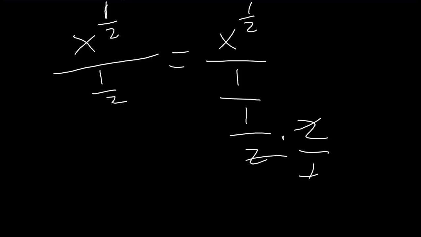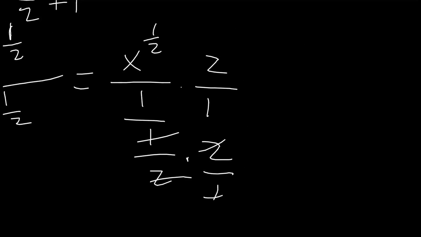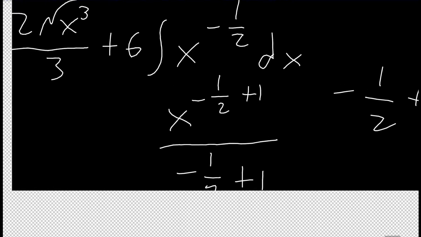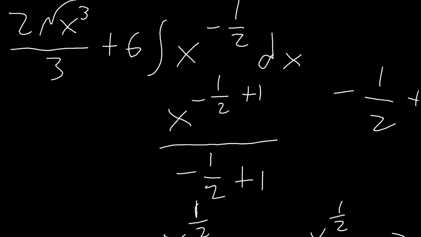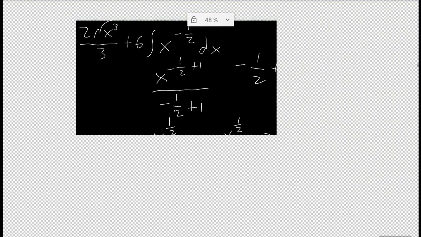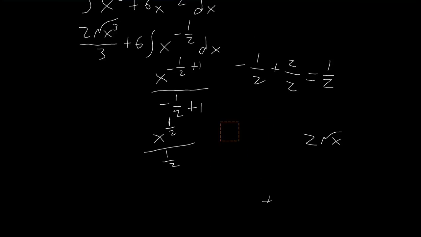And those cancel, leaving 2 over 1. And then x to the half is just the square root. So this is just equal to 2 times the square root of x. So let's erase this real quick, since we know this is equal to 2 times the square root of x.